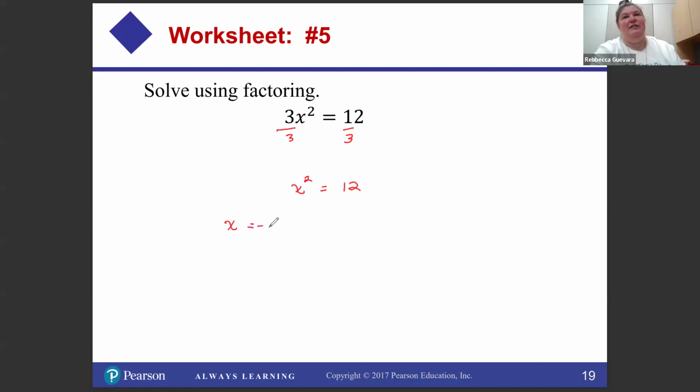Either x is the negative square root of 12, or x is the positive square root of, not 12, I'm sorry, 4. If we divide by 3, we should be left with 4. x is the negative square root of 4 or the positive square root of 4. Or we'd say x is negative 2 or x is positive 2.